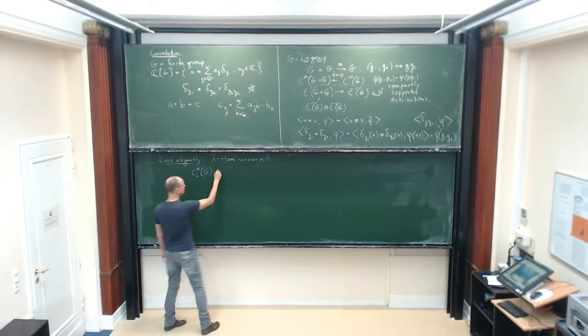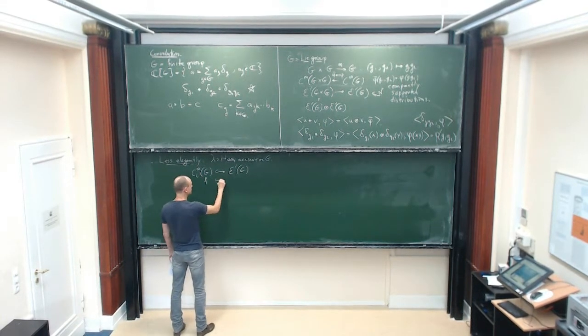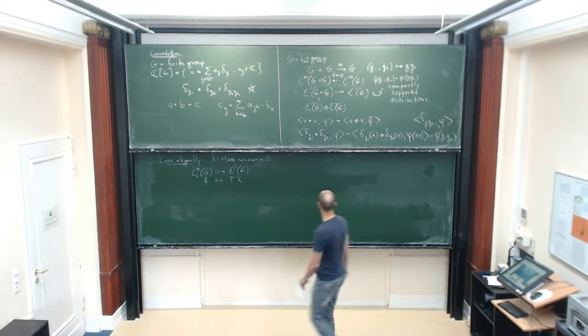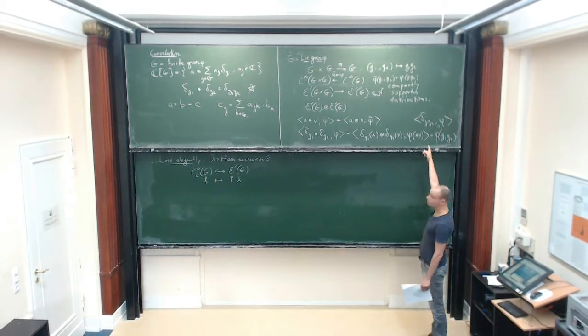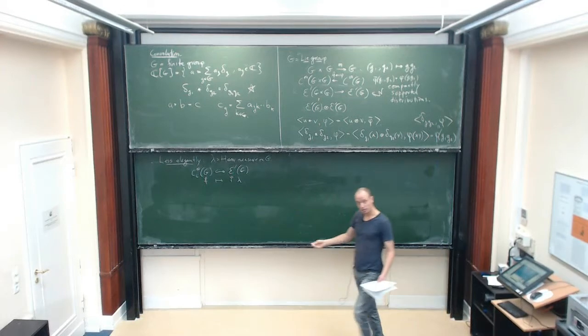So there's a map which sends a function to the function times lambda. And then if you use this convolution here, you just play a little bit with the formulas, you get the usual formula for convolution of functions.